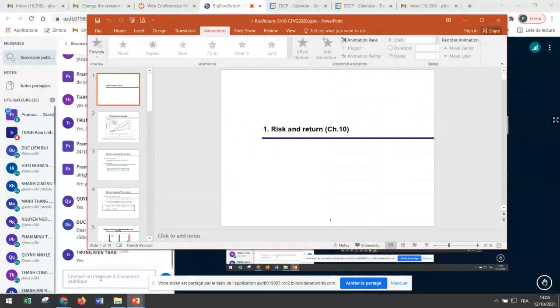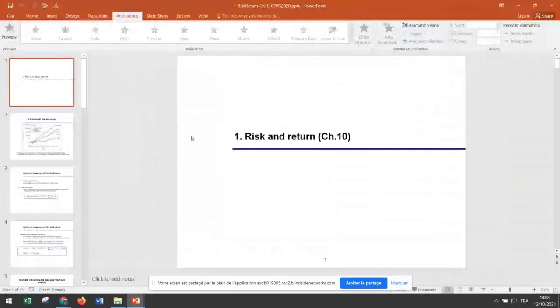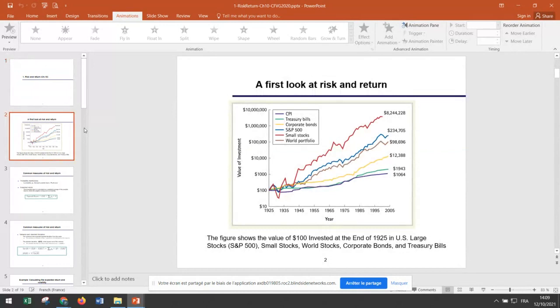Yes? Okay. So let's start by revising what we have learned in the first part, which is called risk and return. As we know, high risk, high return.